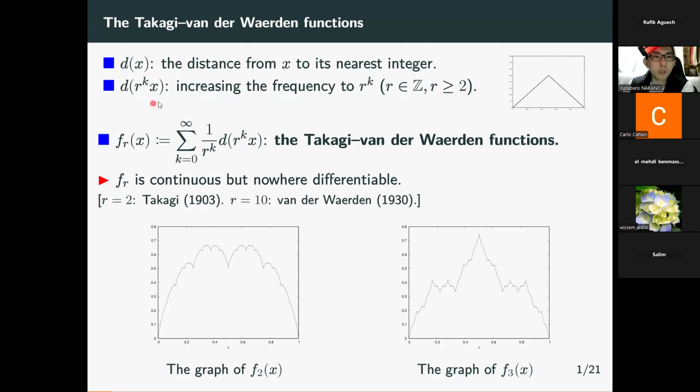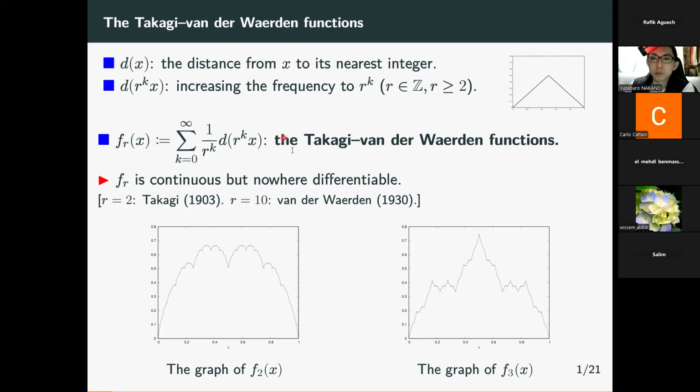We also consider d(r^k x), which increases the frequency to r^k on the unit interval, where r is an integer greater than or equal to 2. Then, scaled by r^k and summed from k equals 0 to infinity, we obtain f_r(x) for every x.